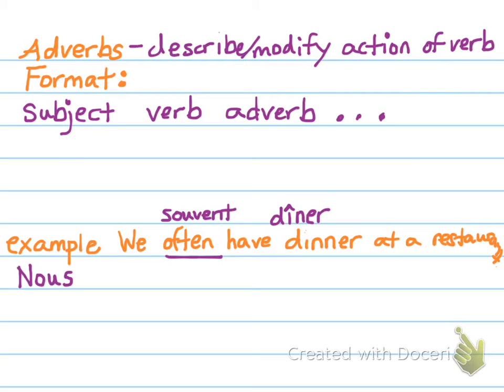But I need to conjugate it for nous, so here's my stem, and what do I add? ONS. Now I need my often because it goes right after my verb. And then at a restaurant is au restaurant.